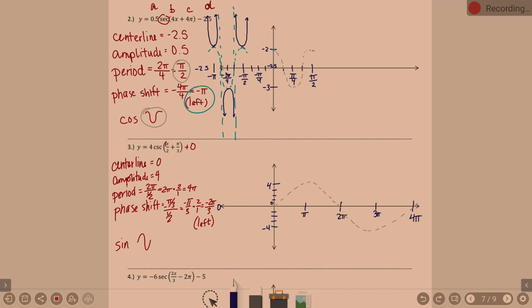Okay. Phase shift of negative 2 pi over 3. We got to talk thirds now. What do you know about thirds? How many thirds make a whole? 3 thirds. So right now, my graph is labeled in terms of whole pies, yes? Which works nicely, actually. So what do I need to do to each pie?